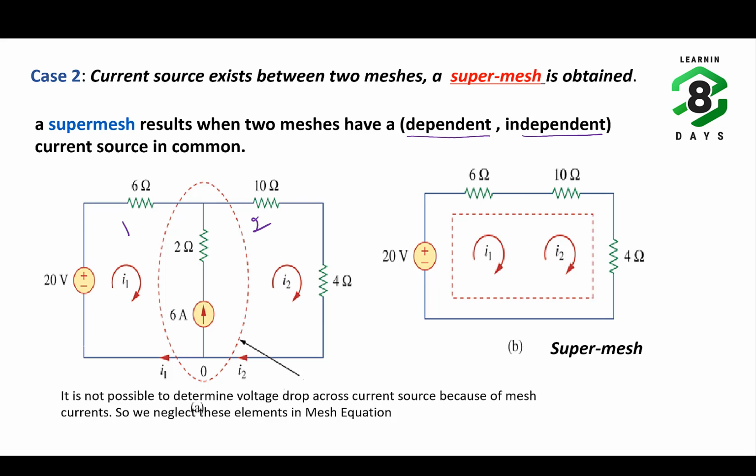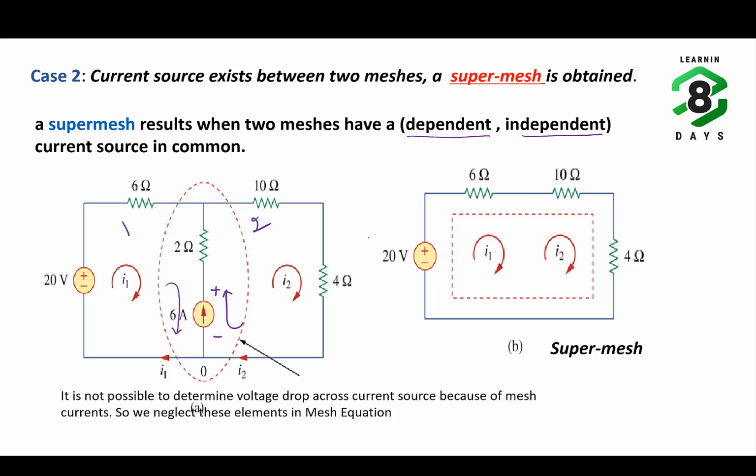In analyzing the super mesh, we cannot calculate the voltage drop across the current source in either this direction or in this direction. So what we do in super mesh analysis, we neglect this complete branch while writing the mesh equations, and we write the mesh equations with the mesh current variables excluding this branch.